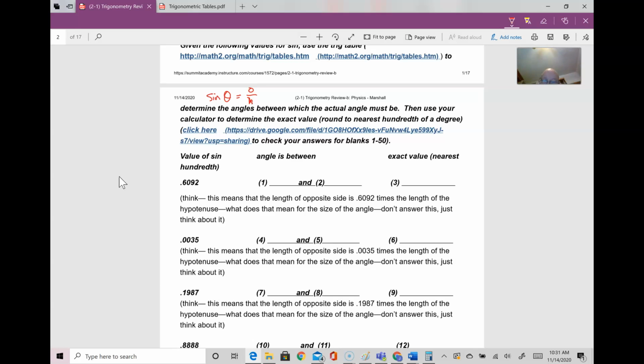I want you to realize that if the length of the opposite side is about 0.6 times the length of this, then that angle should be somewhere around 30 or 40 degrees.